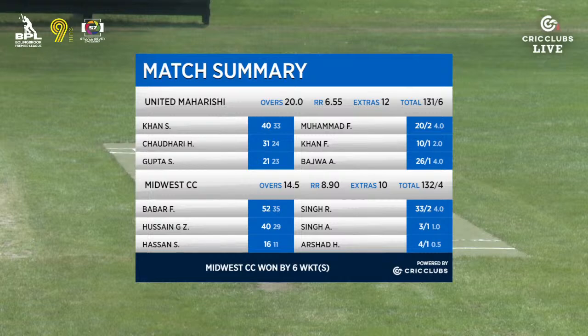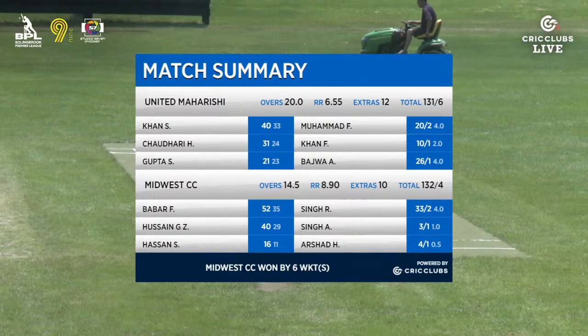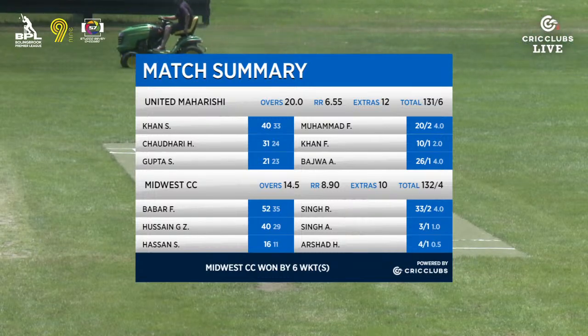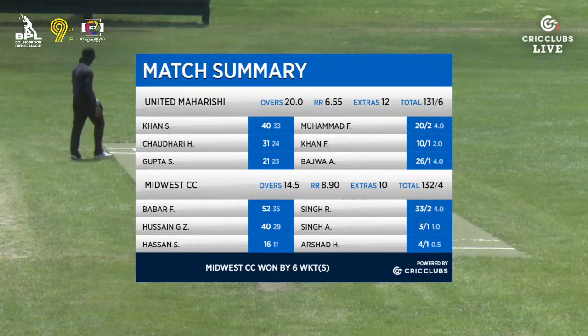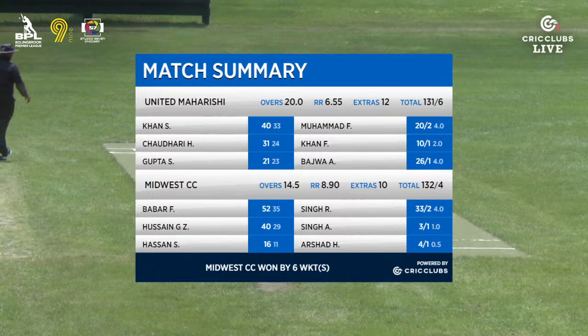After their 20 overs, they put up a total of 131 runs for 6 wickets down. At one point, they were looking on pace to score 150, perhaps 160. As it was, some good bowling and some timely wickets by the Midwest Cricket Club pegged them back to just 131. So the run chase came about.